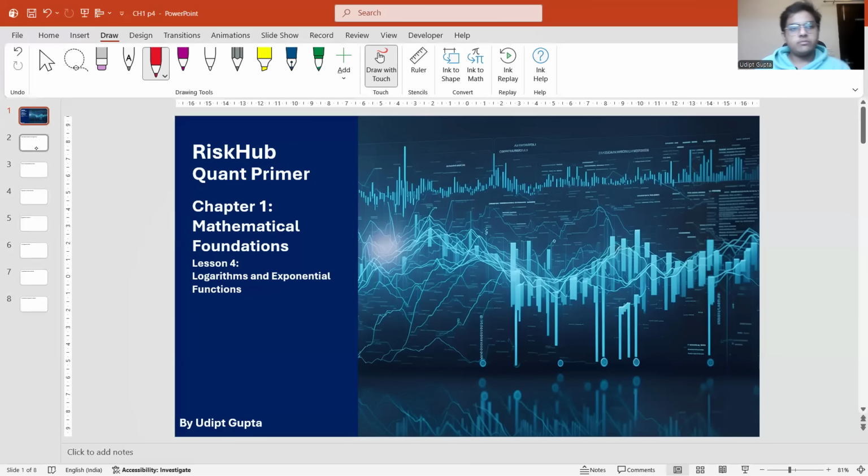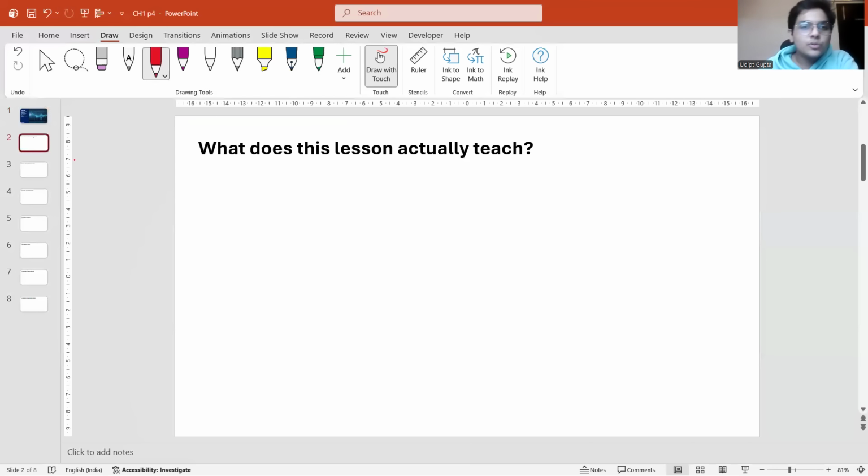So let's understand what exponents and logarithms actually are in their basic sense, not the mathematical intuition. Let's say there's a plant that grows. Okay, let's not take a plant right now. Let's take a number that grows. Let's say 2. Now, 2 doesn't grow by plus 2 every time.